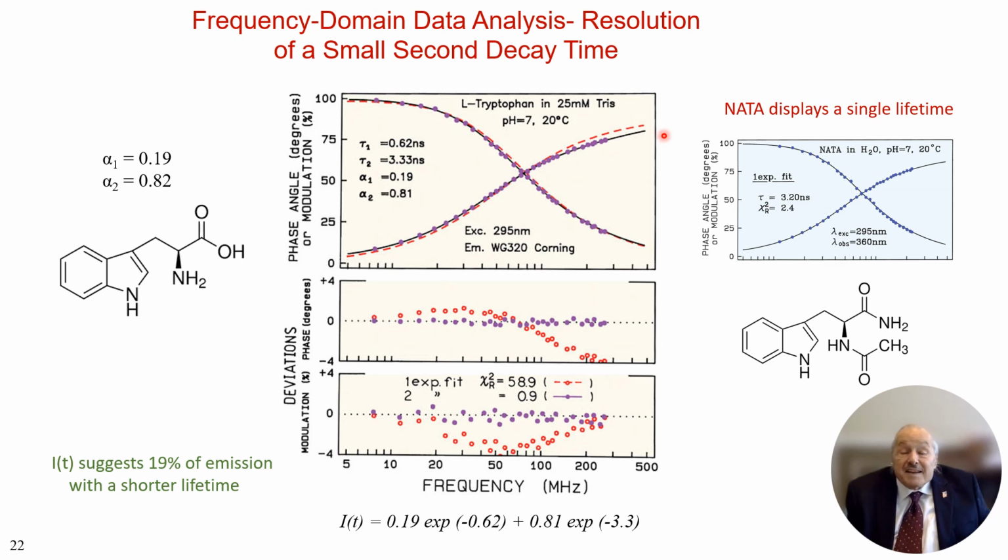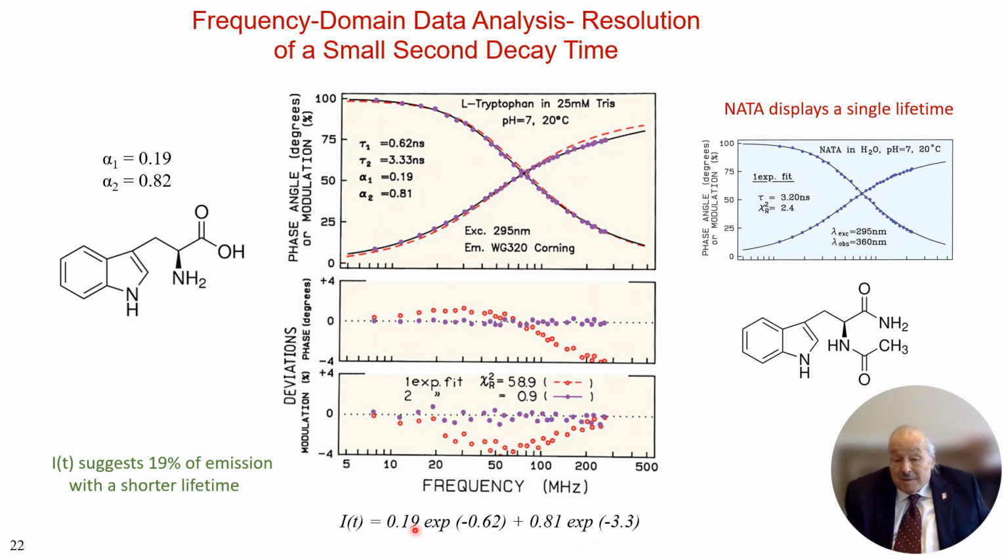And if the decay of tryptophan itself is complicated, that complicates the correlation. So many of us spent a good deal of time working on the intensity decay of tryptophan. And after very many experiments, we all agreed that it is a double exponential decay with a decay law that looks something like this.